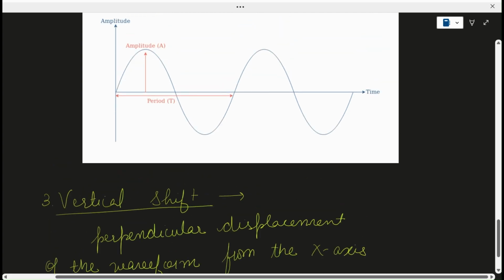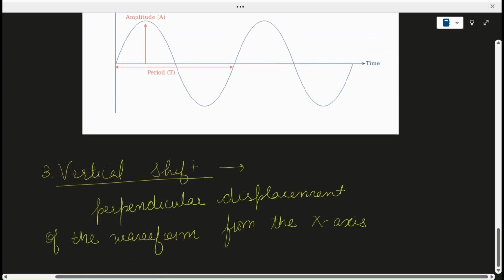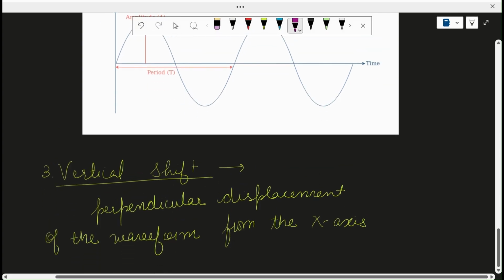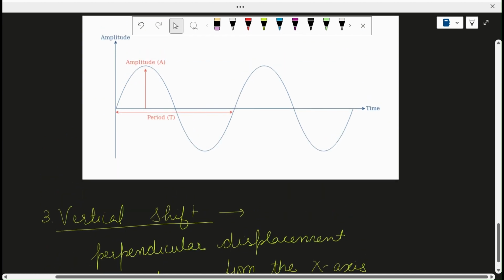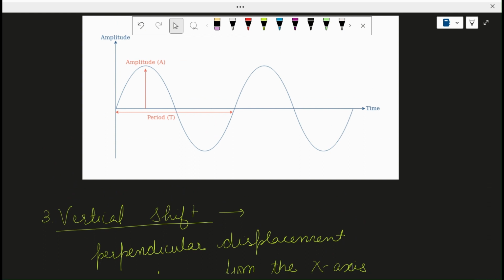So here in the waveform, how can we depict or understand the vertical shift? Suppose our wave that is shown in the diagram is not starting at 0 on the y-axis, but took some other path like this.